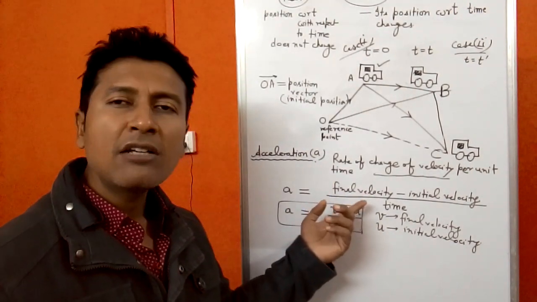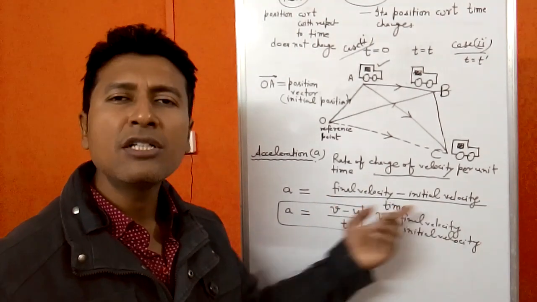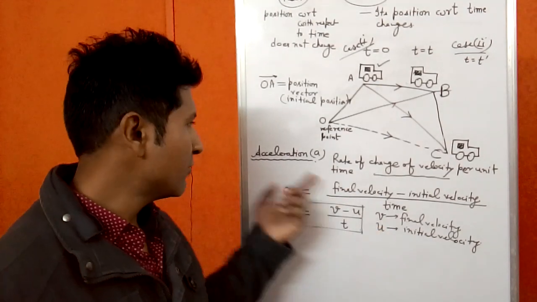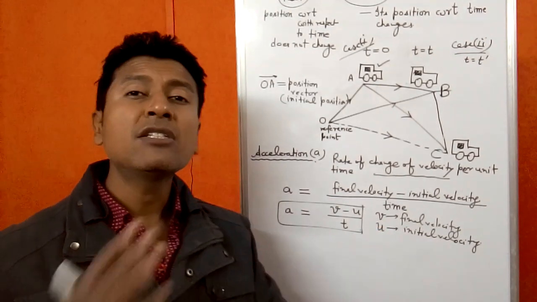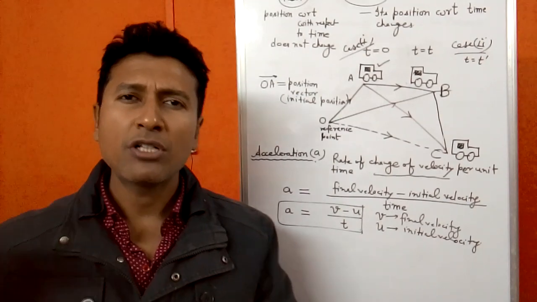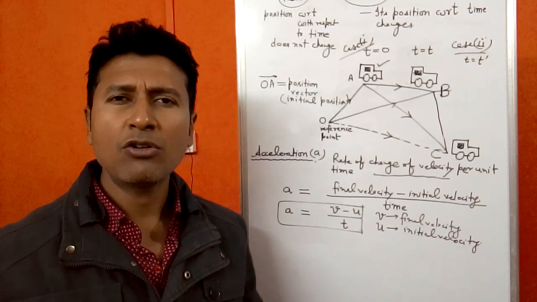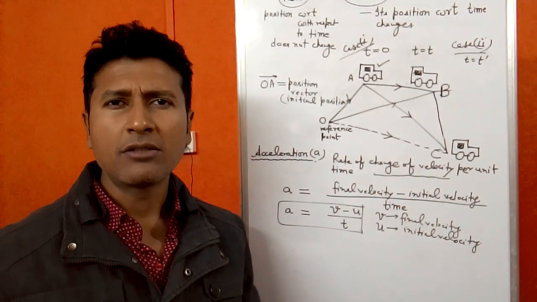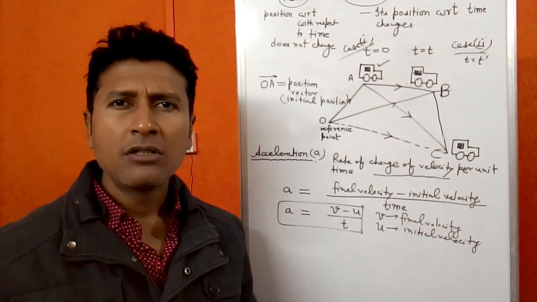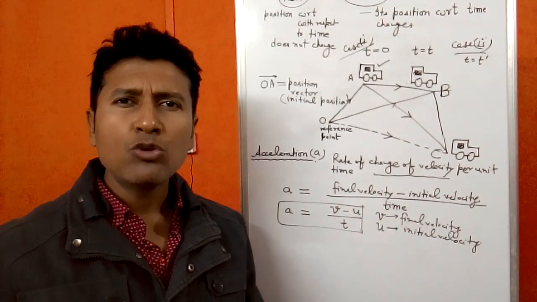Because the final velocity has increased from the initial velocity. Now imagine the second condition: let's suppose you are driving a car with a velocity of 50 km per hour. After some time you apply a brake.